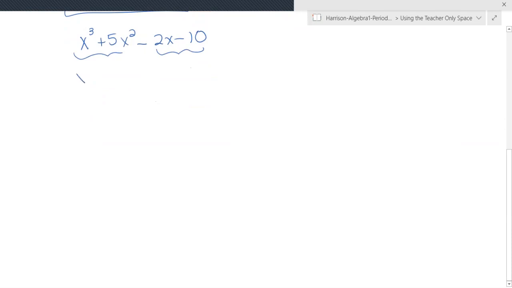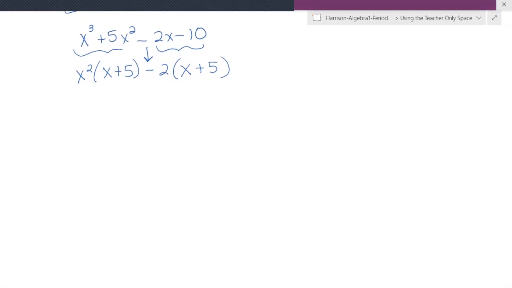Factor each pair. So again, we're going to factor out the x squared, and that leaves x plus 5. Pull down the minus, and then factor out a 2. Now be aware that this is actually a -2 we factored out. So when we multiply, a -2 times positive x would give us a -2x, and a -2 times positive 5 would give us the -10.